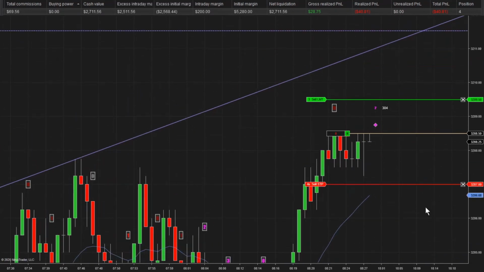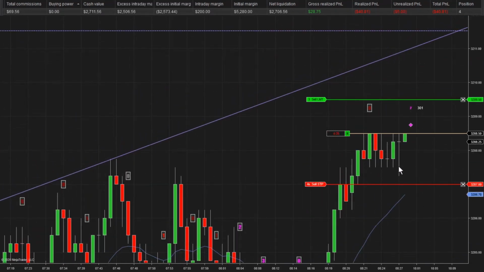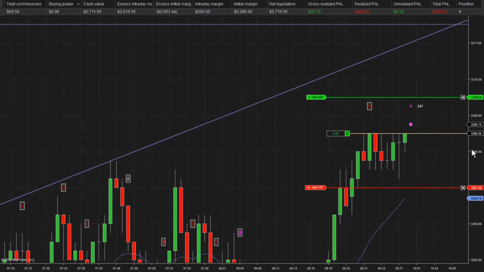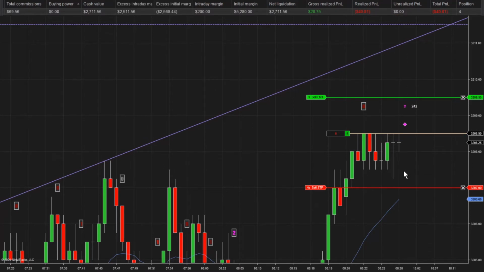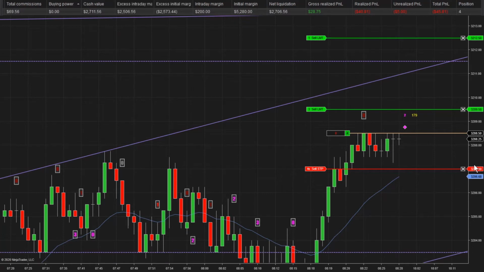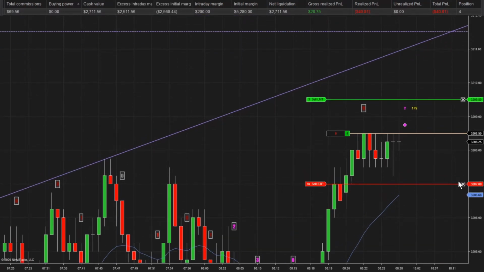It's crazy, this is a wall here. Wish I got a better entry, but the micros are already breaking out, but the ES price action hasn't broken out. Am I disappointed here? I'm okay with my stop here. I'm okay if I lose this trade.